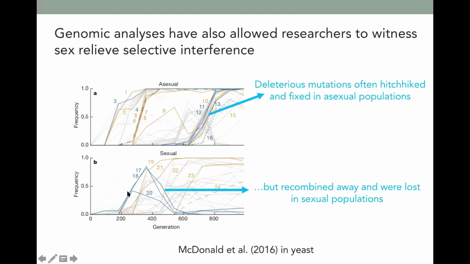There were rounds of sex, and when the rounds of sex happened, they tended to uncouple deleterious mutations from the genetic backgrounds that they were on, and then you'd see the deleterious mutations going away. And so in the end, the sexuals were adapting faster in large part because more mutations could rise and fix independent of the background in which they appeared, and as well, the deleterious mutations didn't get dragged along with them.